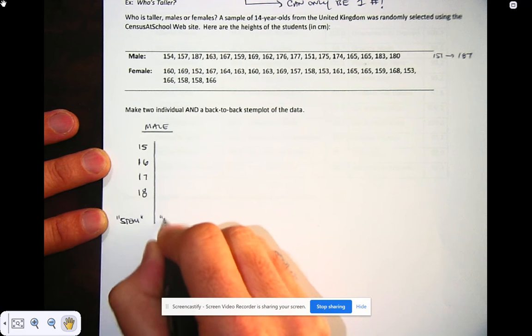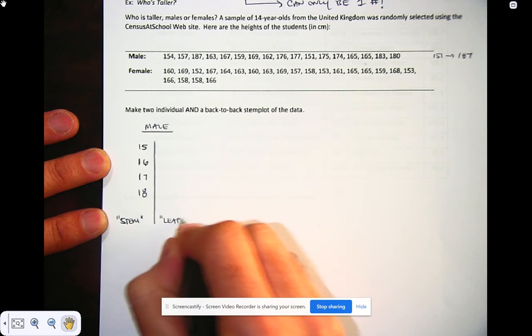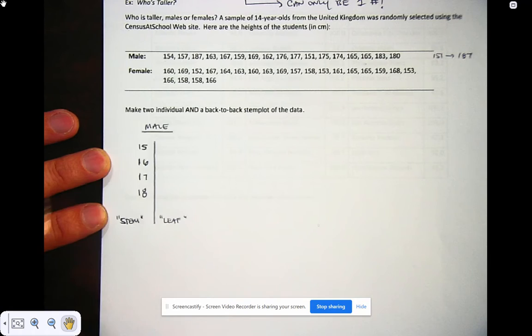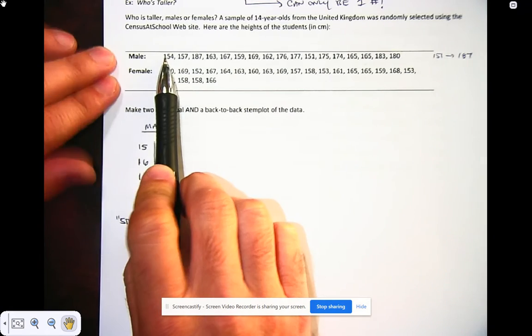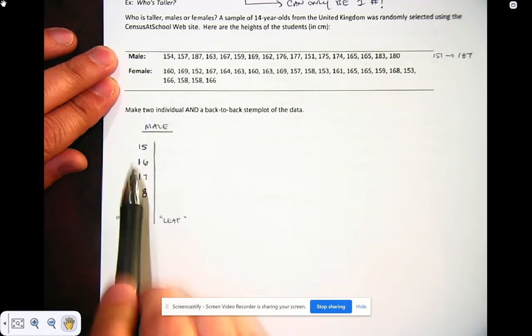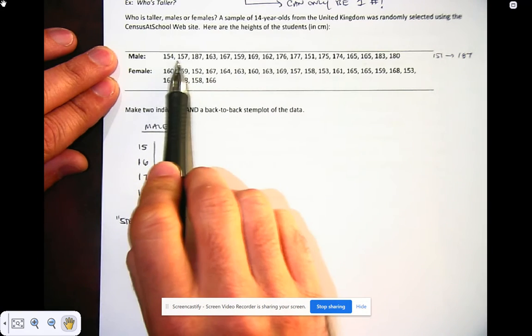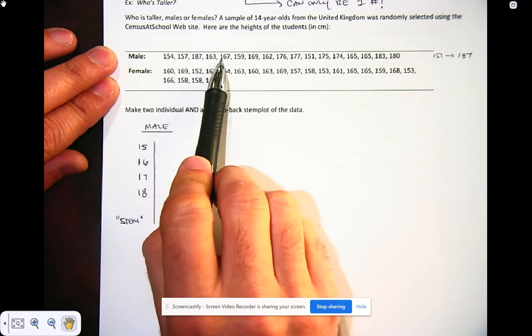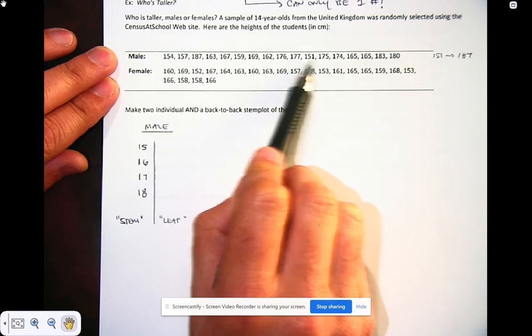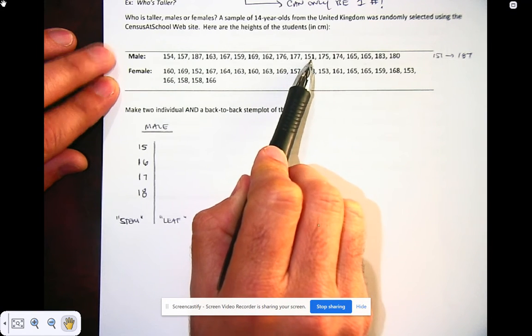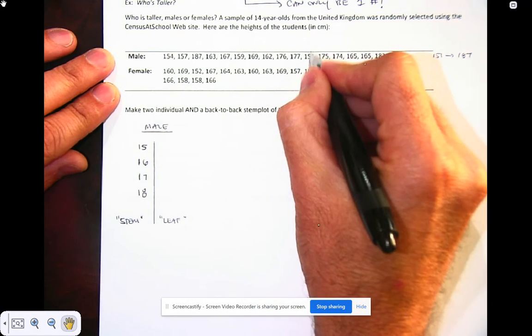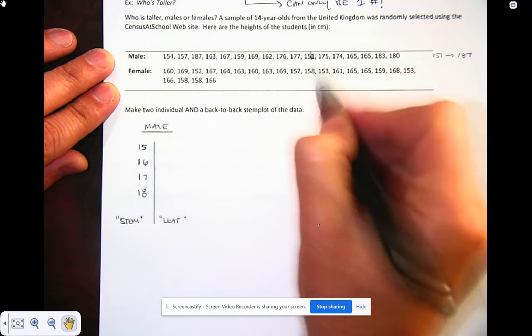Okay, and then over here, we're going to do the leaves, which are just going to be the last digits. We need to go in order. So we start with the 15, and we see the smallest. We said that 151 was the smallest, so I'm going to go right there. My stem is 15, my leaf would just be 1.